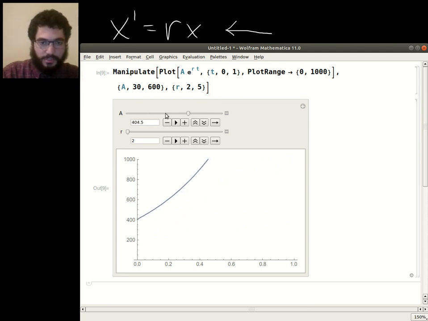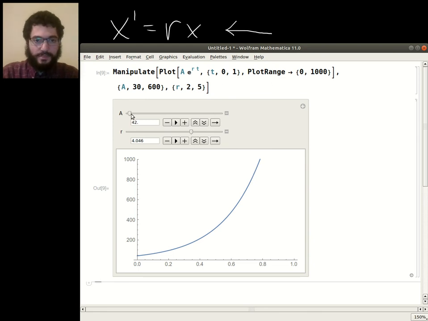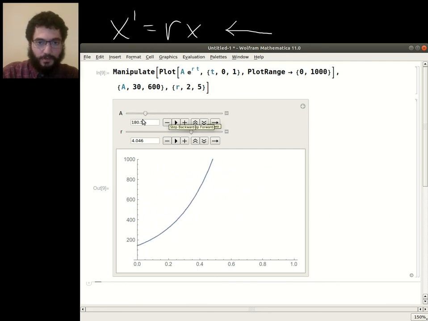So here what I'm changing is the initial conditions. On the other hand, if I move this slider, then I'm changing the differential equation. Here's r equals 3, what we had before. These all have different differential equations. So, for example, here's a solution to the differential equation x prime equals 4.046x. And now for that differential equation, I can look at a whole family of solutions.